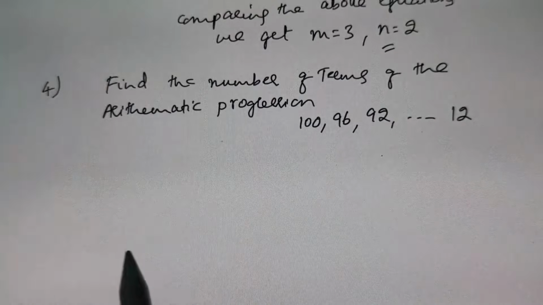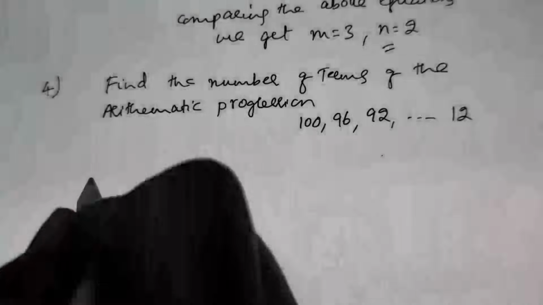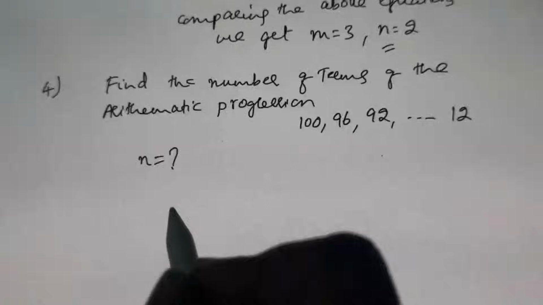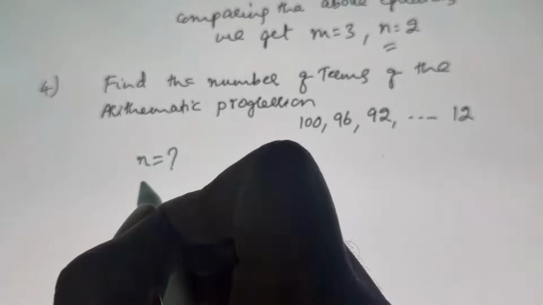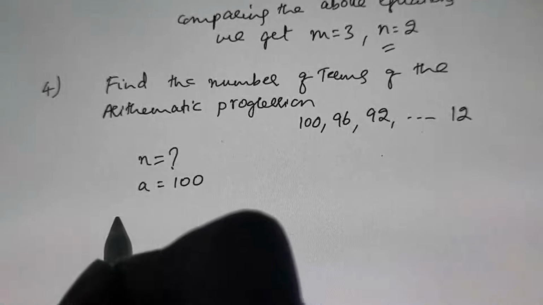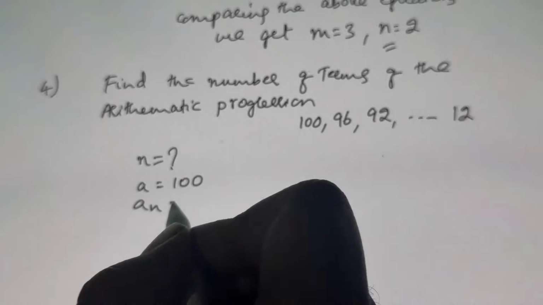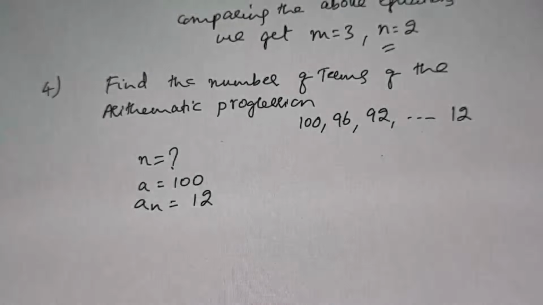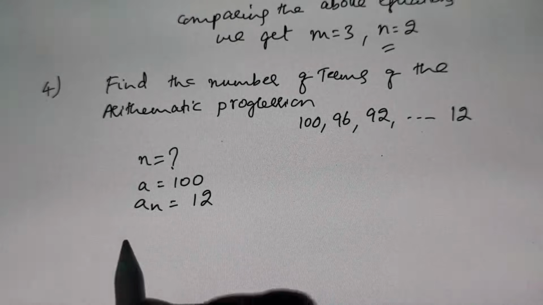So from the given problem, we need to find the number of terms, that is n is equal to question mark. From the given data, we have a is equal to 100, an is equal to 12. We need to find the common difference.